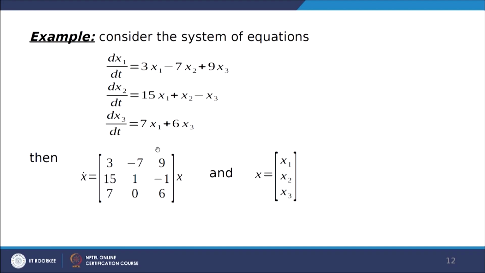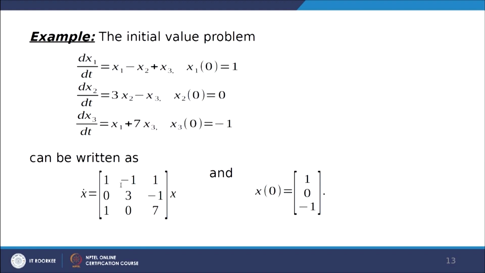If you multiply this matrix A by the vector x1, x2, x3, you get the right hand side, and the left hand side is x dot, which is dx1 by dt, dx2 by dt, dx3 by dt. So, this system of 3 equations is a homogeneous system of linear differential equations of first order. This can be expressed in the concise form x dot equal to Ax, where A is this 3 by 3 matrix.